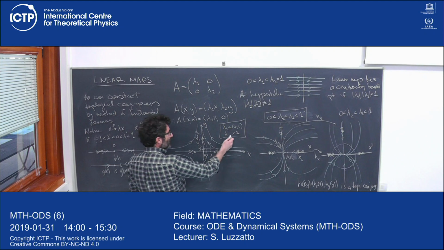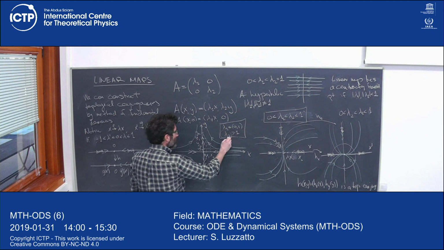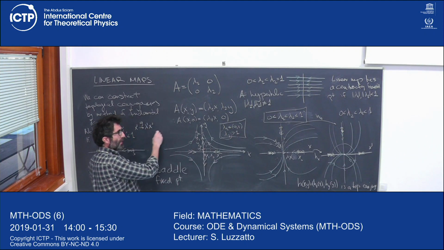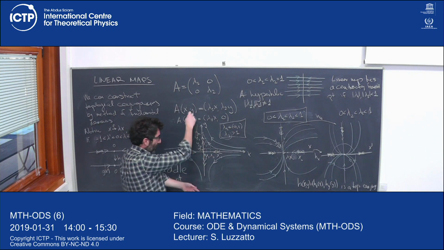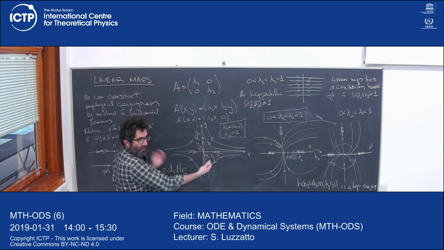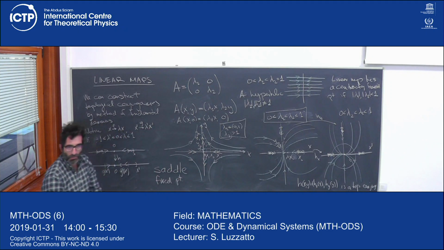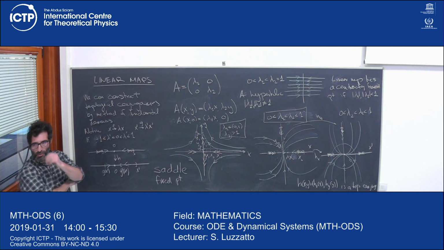And if one of them has lambda 2 bigger than 1 positive, and the other one has lambda 2 less than -1, so it's still expanding, repelling in this direction, but it flips, then you cannot construct the conjugacy between them. So they need to have corresponding signs.